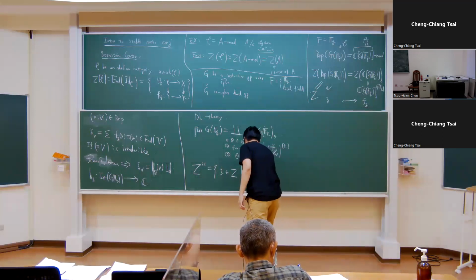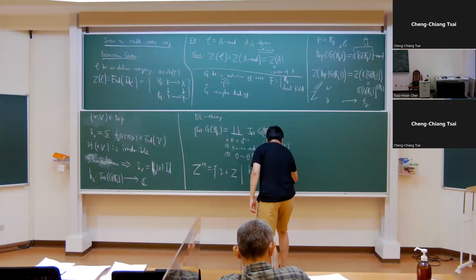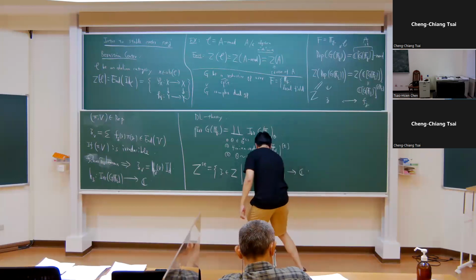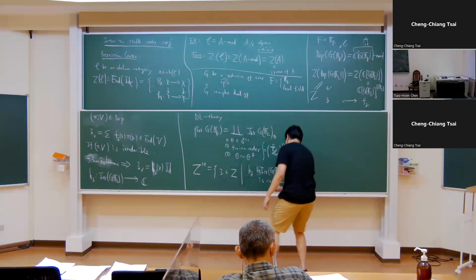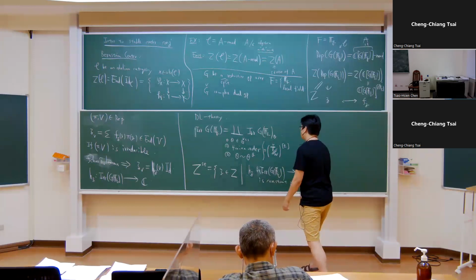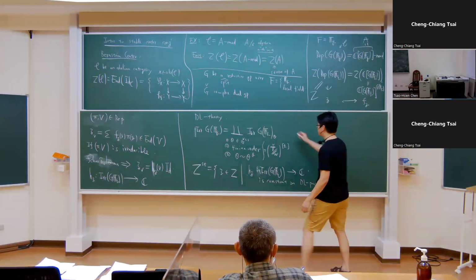So in a sense that the function h_Z from Irr G(F_q) is constant on, say, the Deligne-Lusztig packet.